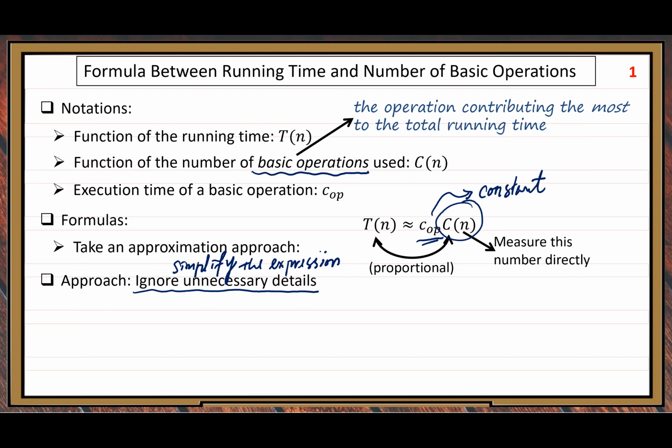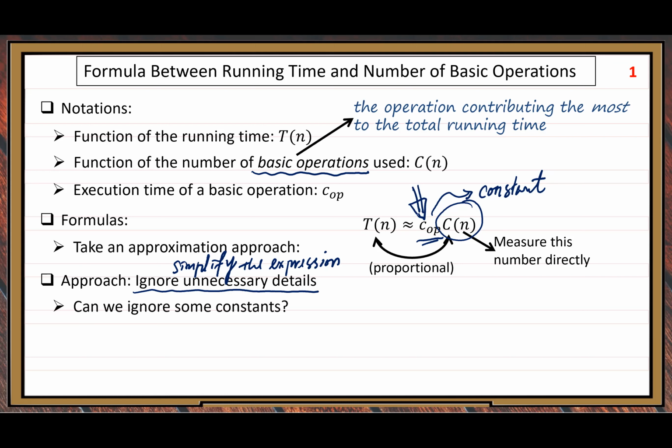So let's look at the questions. What information can we ignore? What information do we treat as unnecessary details? First, can we ignore some constant? We may have some constant. Can we ignore some constant? Here, we are talking about c op, little c op constant.